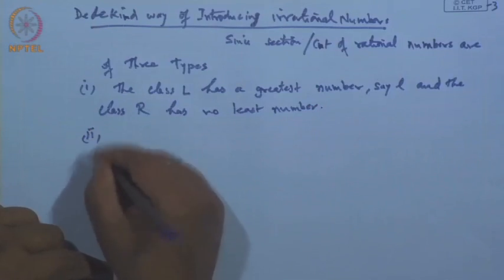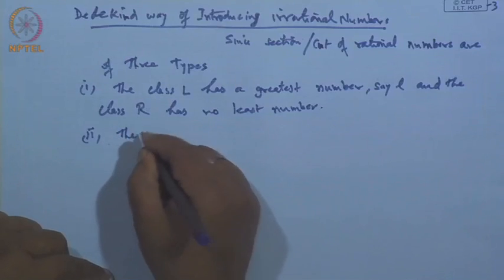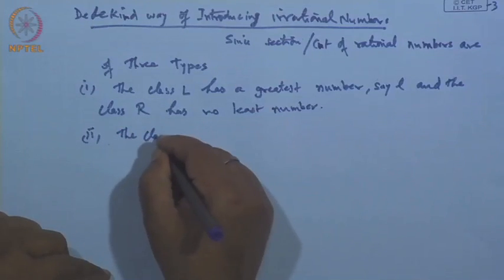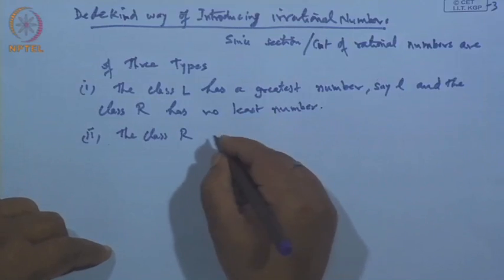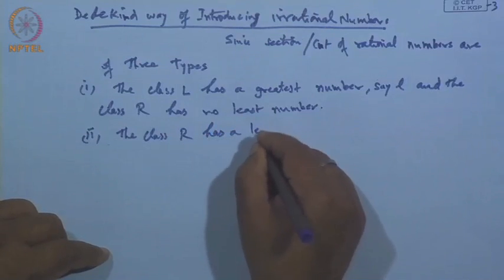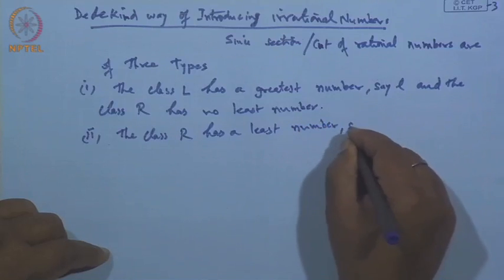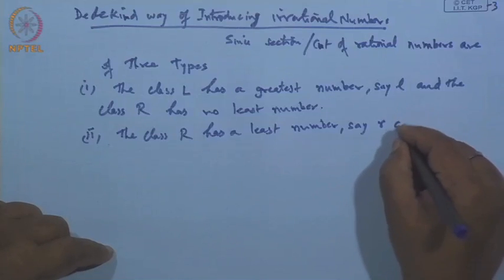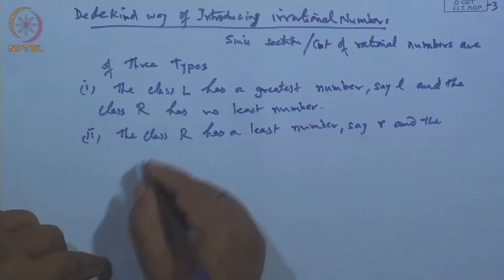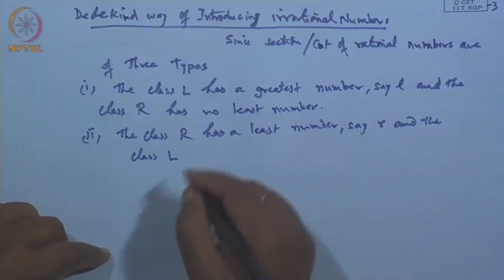The second type is where the class R has a least number, say r, and the class L has no greatest number.